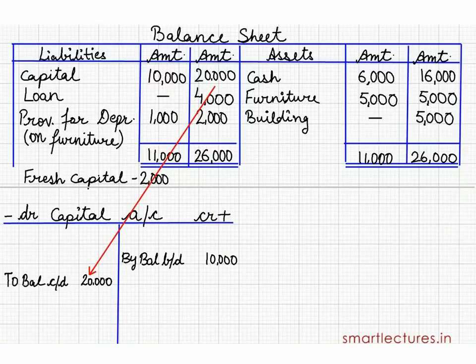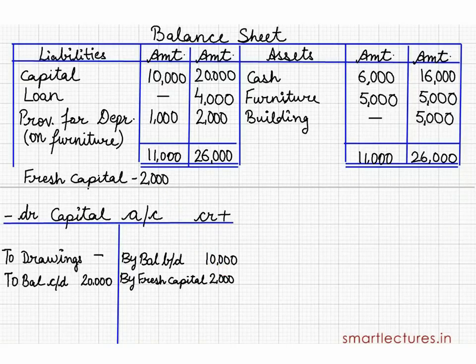On the credit side, by fresh capital, and on the debit side, to drawings. On the credit side, by net profit, and on the debit side, to net loss. These are the three items on both sides. So by balance BD 10,000, by fresh capital 2,000, as clearly instructed in the question, and to balance CD 20,000.